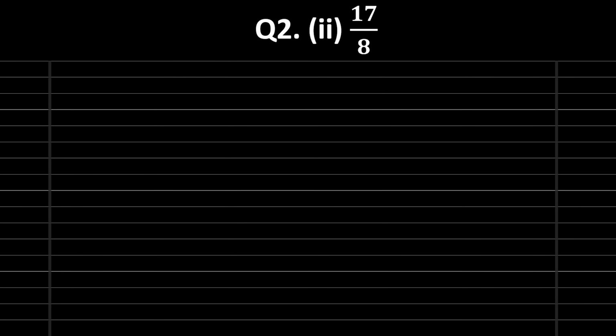Now this is the second subpart of question number 2, 17 upon 8. We can write 8 as 2 raised to 3. Now observe, the exponent of 2 is 3 here, so we have to multiply the numerator and denominator with 5 raised to 3.